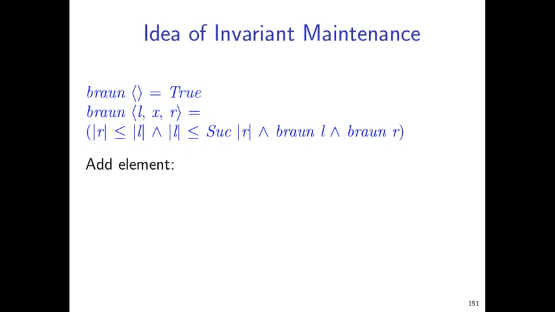We have to check that the new right subtree, which is left, is less than or equal to R plus 1, and the new left subtree, R plus 1, is less than or equal to L plus 1.